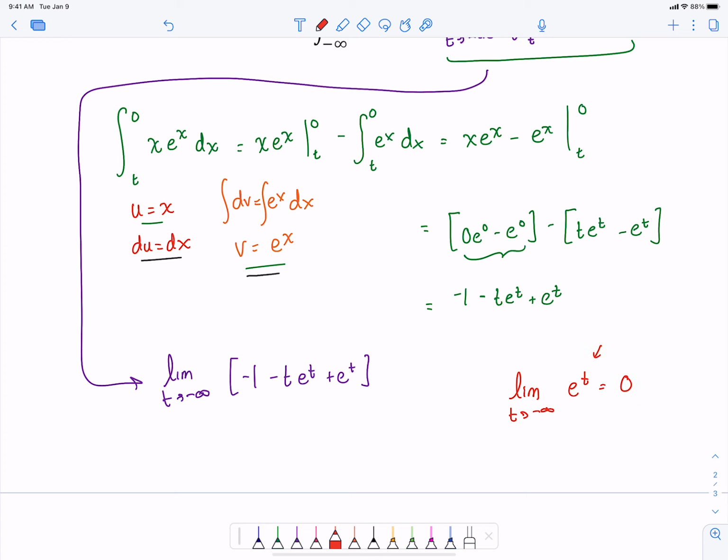Remember, as that exponent gets to be a bigger and bigger negative number, that ends up being 1 over e to the something, I don't like that variable being the same. We'll have 1 over e to the exponent right there.